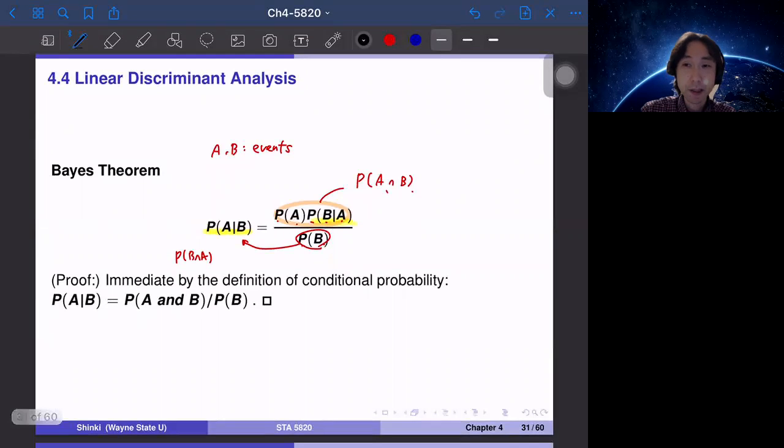The basic idea of linear discriminant analysis uses the Bayes rule. At first, suppose we have classes A, B, C, then we think about the probability of some measurement given A. Think about discriminating 3 groups, maybe horses, giraffes, and deer.